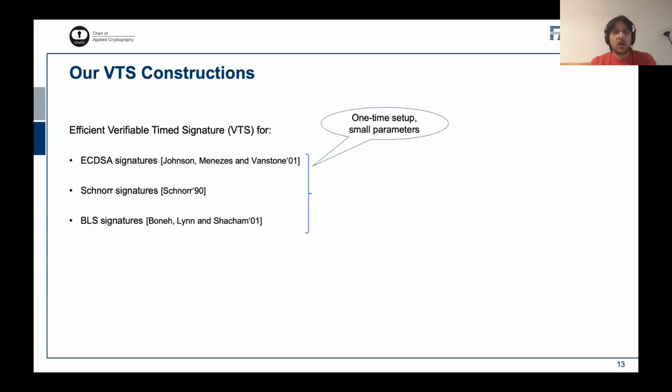And on a very high level, the caveats of our construction is that you have a one-time setup, and the size of the parameters are small relative to what we knew before. To realize this efficiency in our construction, we make use of the recently introduced homomorphic time lock puzzles. And we actually show that more than efficiency, you also need it for the security of the protocol, and I will tell you later why.